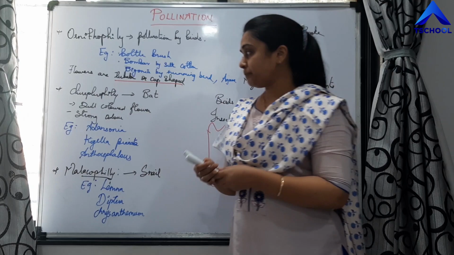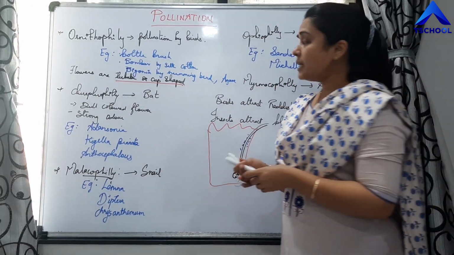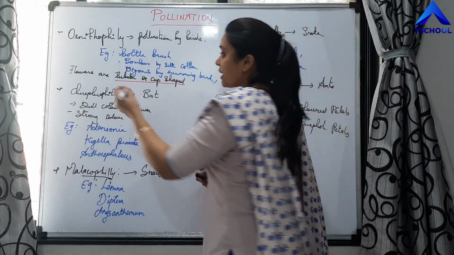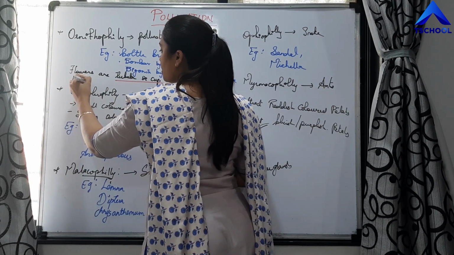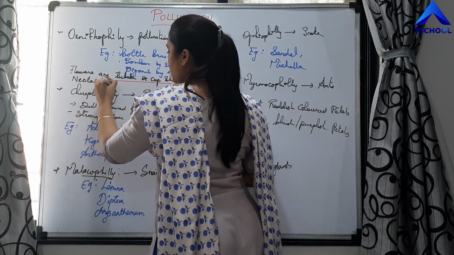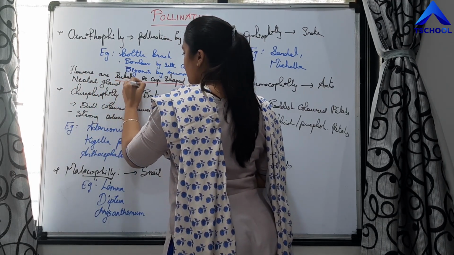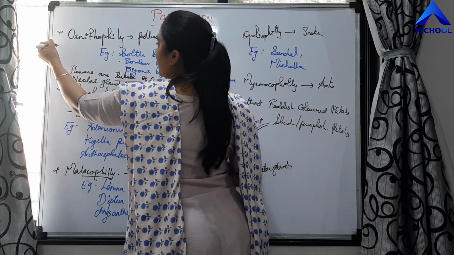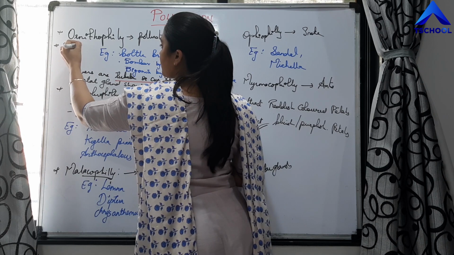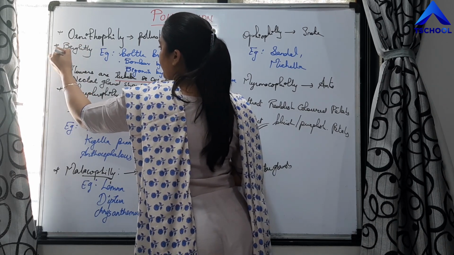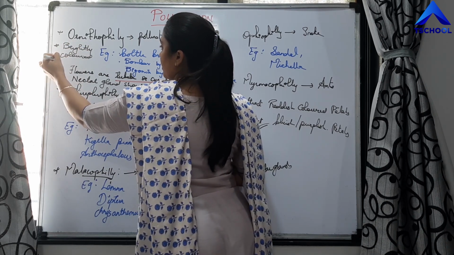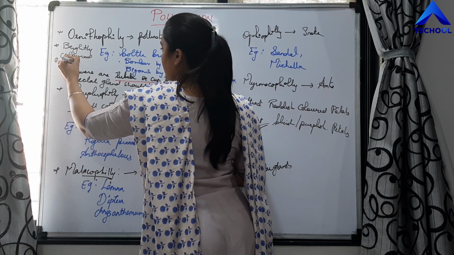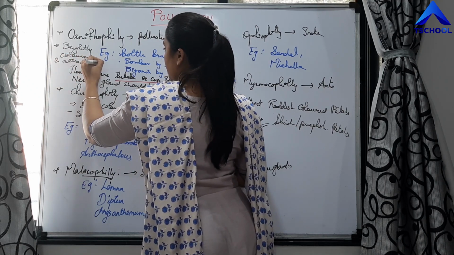So flowers should be tubular, cup shaped or urn shaped. Nectar glands should be present, and the flowers should be brightly colored to attract birds, right?